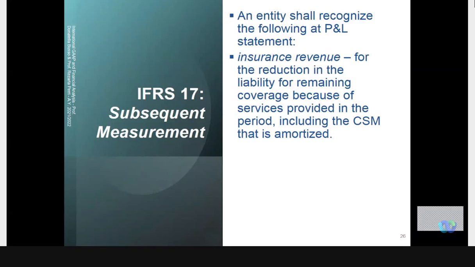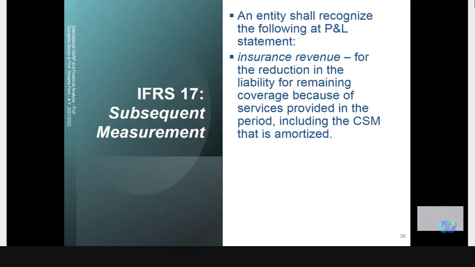Again, contract service margin represents the total profit. We amortize that year by year. The amount we recognize in the current year is the revenue from the contract. Again, insurance revenue is the amount of the decrease in CSM. If we decrease the total profit, that is the revenue for the current year for which we are preparing financial statements.